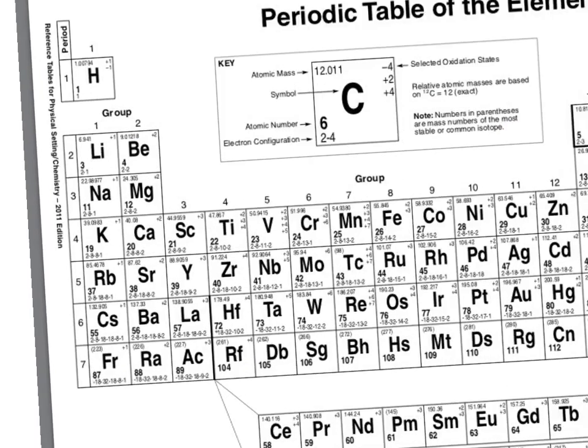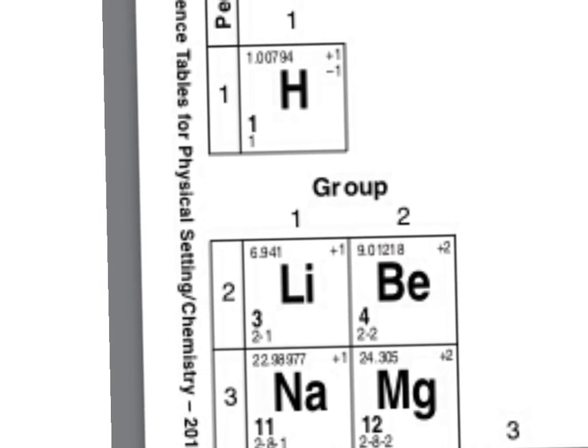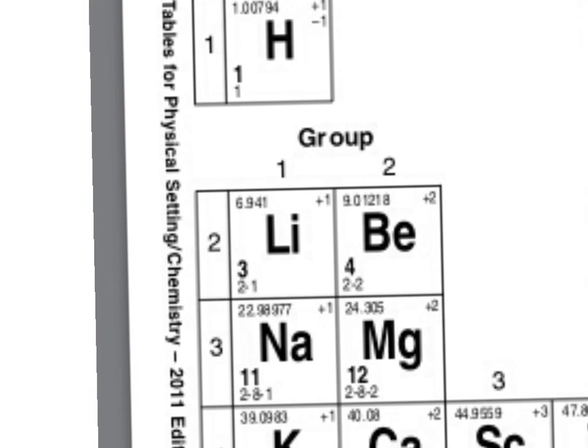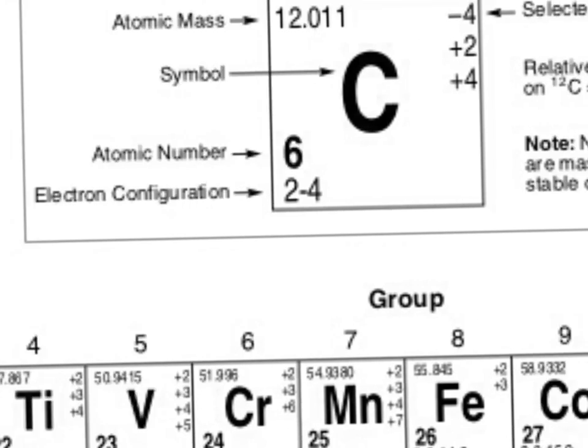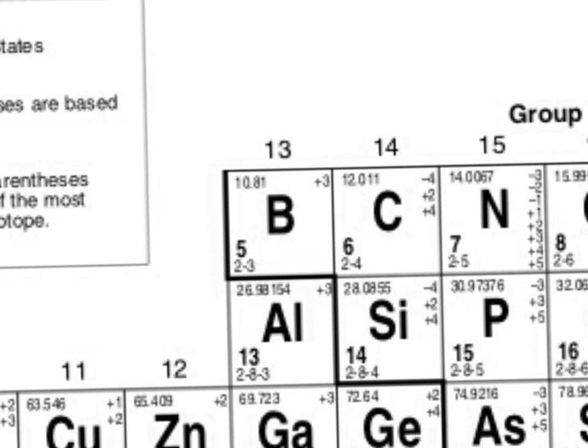When you look at the electron configurations for all of the elements, the valence electrons are always the very last number in the string of the electron configuration. So for lithium, lithium has 1 valence electron. It's right there. Beryllium would have 2 valence electrons. Boron would have 3 valence electrons. Carbon has 4. Nitrogen has 5. It's very systematic.